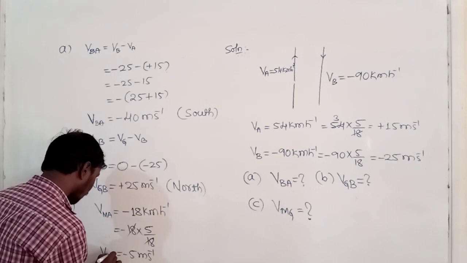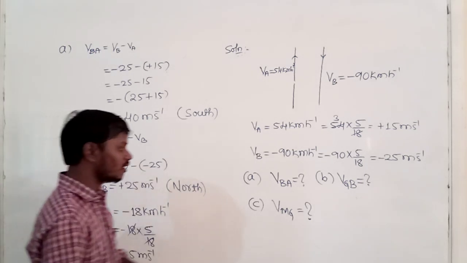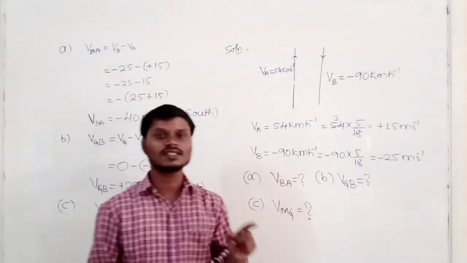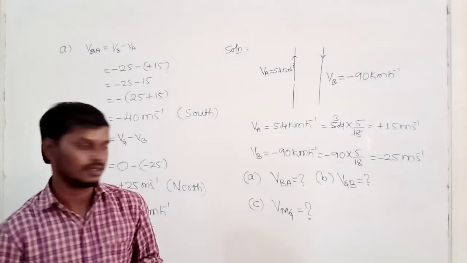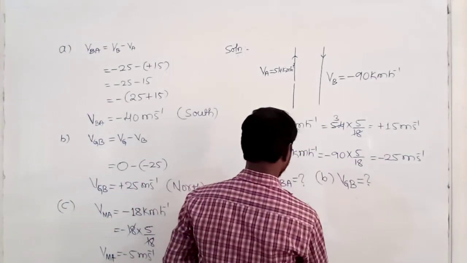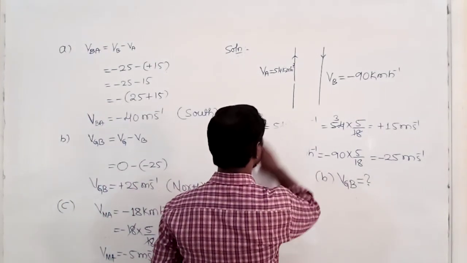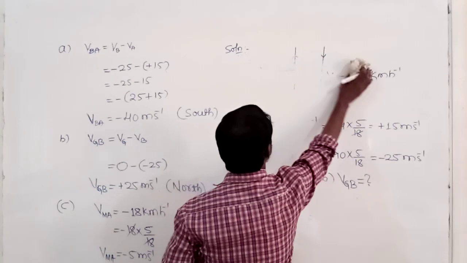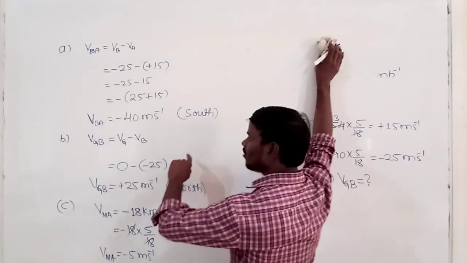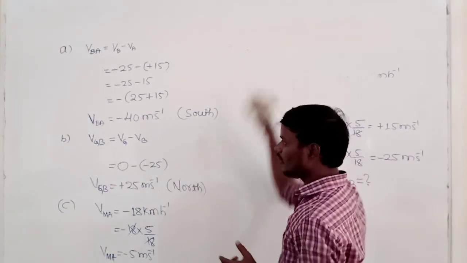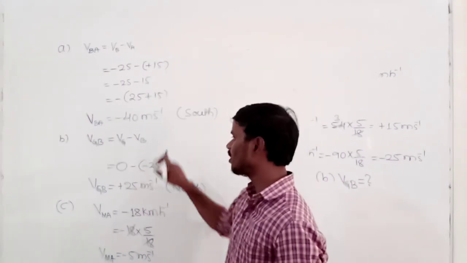But our aim is to find the velocity of the monkey with respect to the ground, meaning the velocity of the monkey with respect to the man standing on the ground. Then VMG. How to write VMG? VBA can be written as VB minus VA, and VGB can be written as VG minus VB.